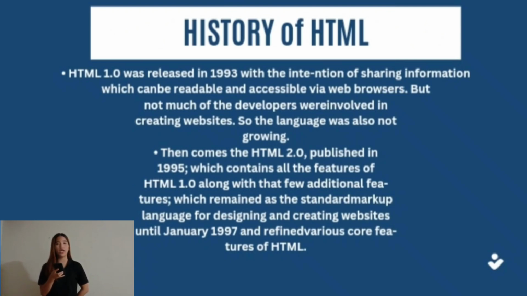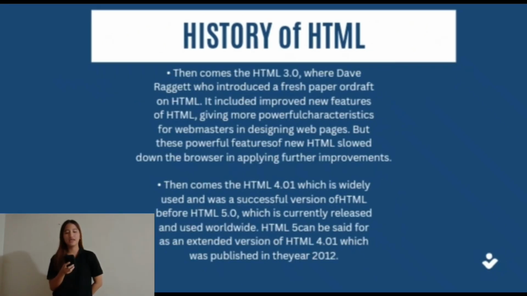It refined various core features of HTML. Then came HTML 3.0, where Dave Raggett introduced a fresh paper or draft on HTML. It included improved new features of HTML, giving more powerful characteristics for webmasters in designing web pages.